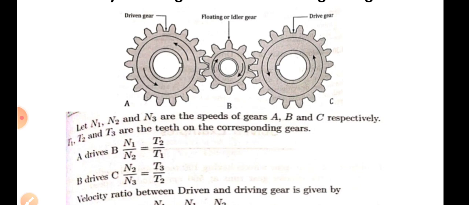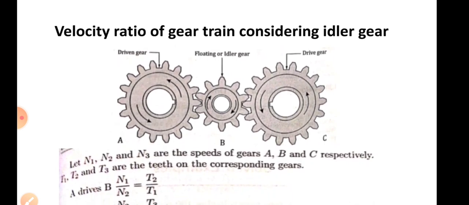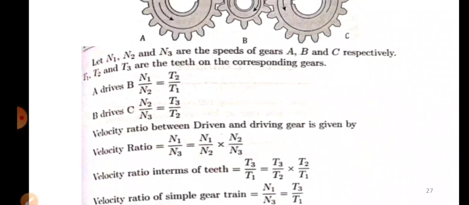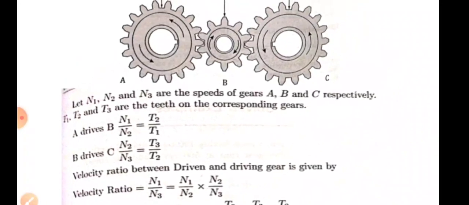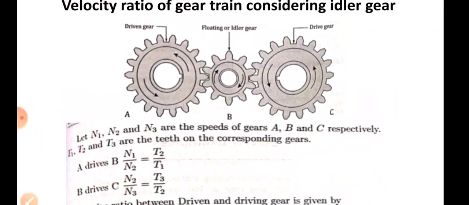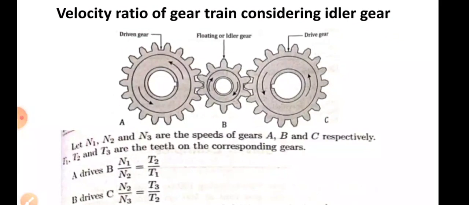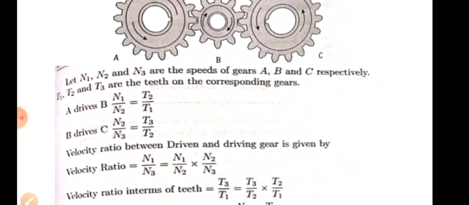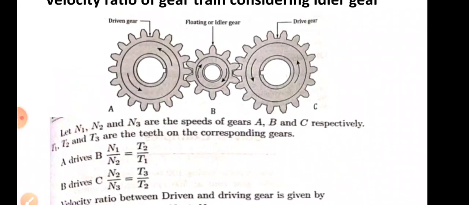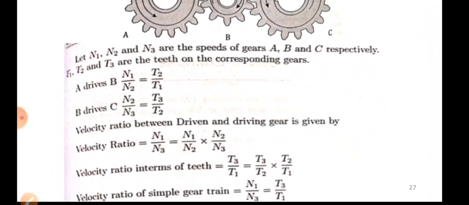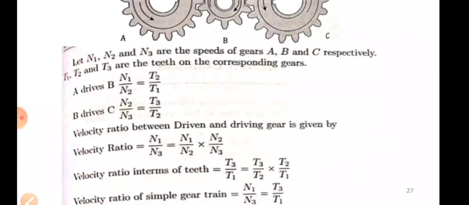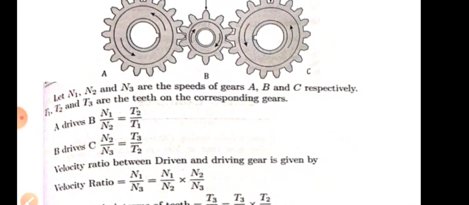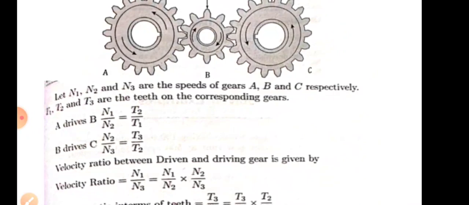In the figure, you take A as the driving gear and C as the driven gear. Now I can write the velocity ratio between the driving and driven gear, because I need the velocity ratio between only driver and driven. I don't want the idler gear to appear. So I write the velocity ratio for driver and driven gear, that is A and C: n1 by n3, because n1 is the speed of A and n3 is the speed of C, which is equal to n1 by n2 into n2 by n3, because we have an idler gear.